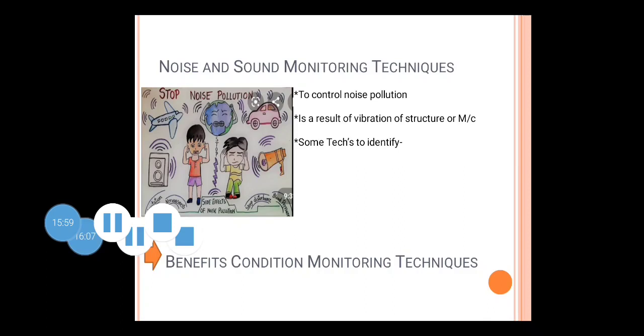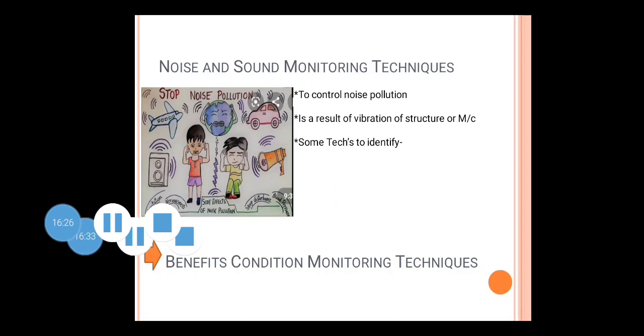Next, acoustic depths, that is the main point through which we can detect noise and sound. So these are some techniques to identify surface roughness with the help of noise effect. This monitoring can be done easily. It is very easy and very low cost.